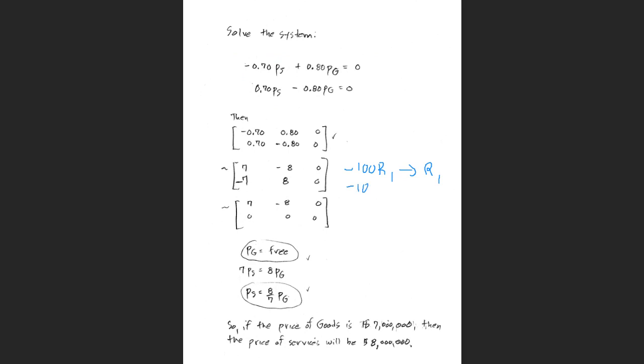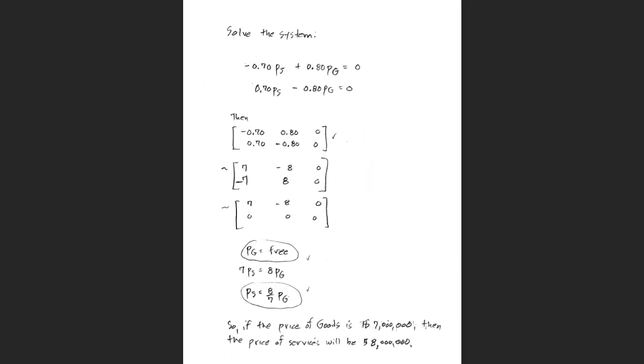And then -100 times row 2, and putting that result in row 2. Hold on. You're right, it's not 100, it's 10. Thank you, Mikhail.